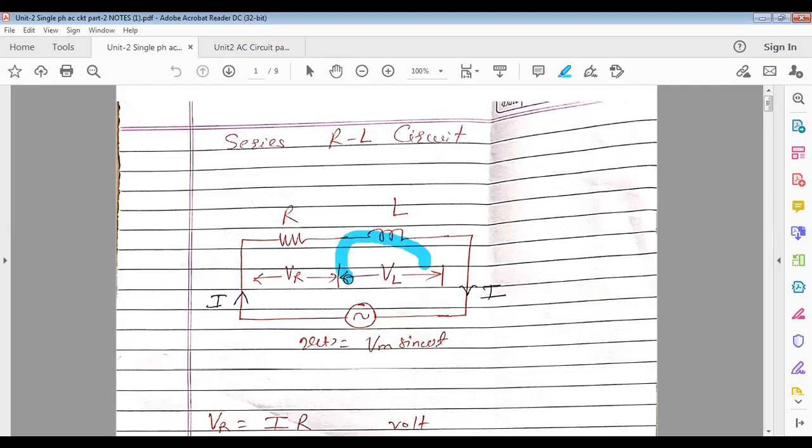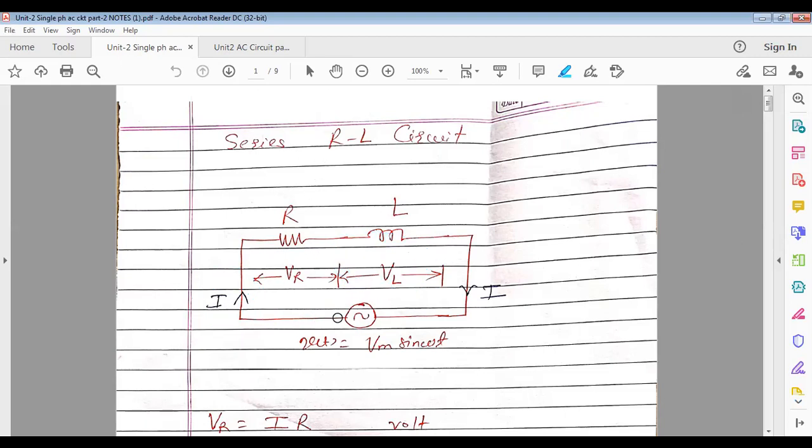Then what is the phase difference between VL and I? VL is the voltage drop across inductance, and the current flowing through inductance is I. For an inductor, the phase difference between voltage and current is 90 degree. Considering this, you have to draw the phasor diagram.